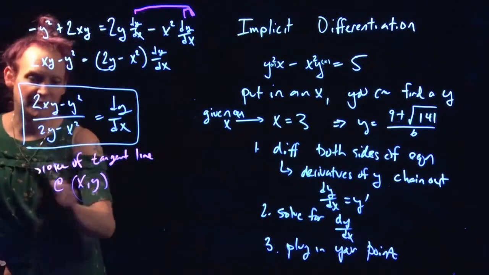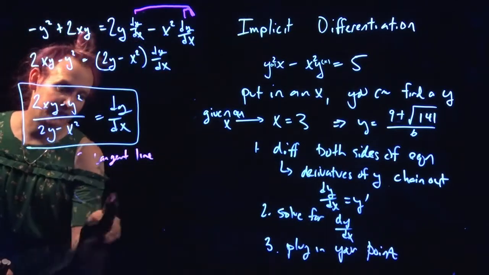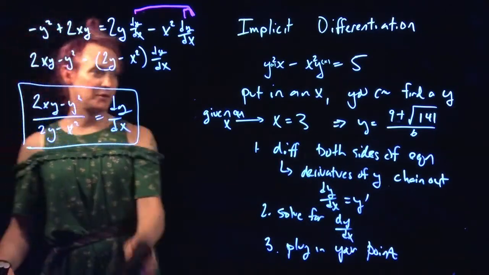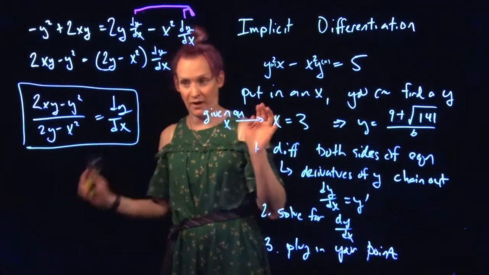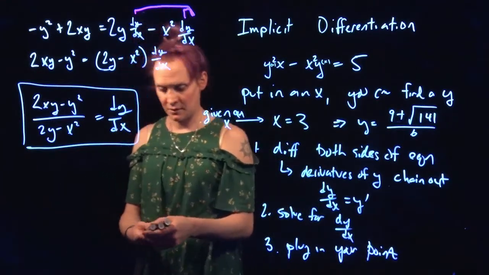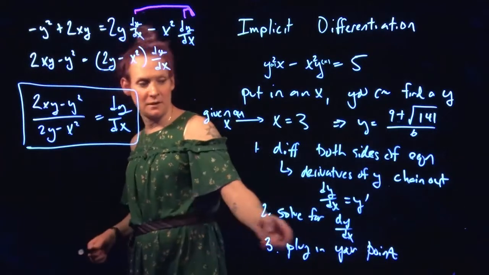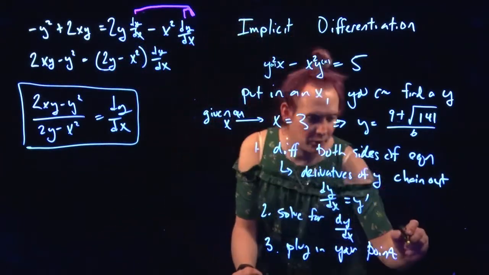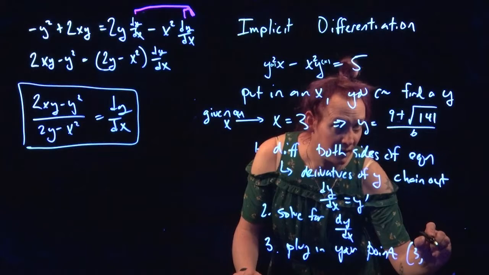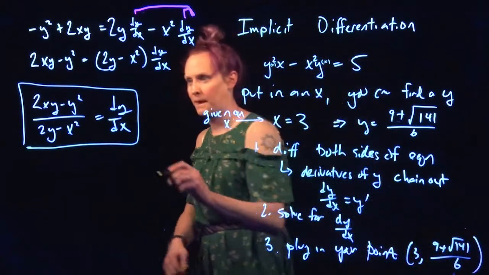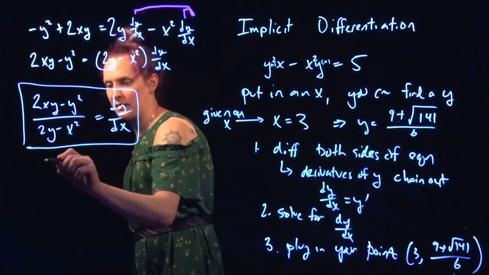We can get the slope of the tangent line at 3, (9 plus the square root of 141) over 6. So step three is we're going to plug in my point being 3, (9 plus root 141) over 6. We're going to plug those in to this expression.